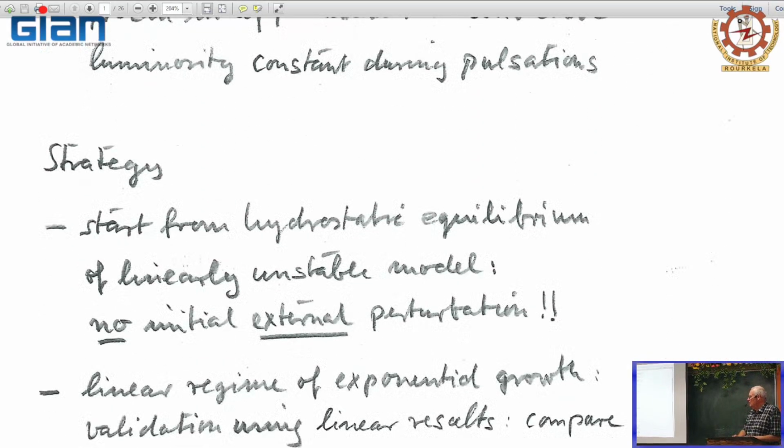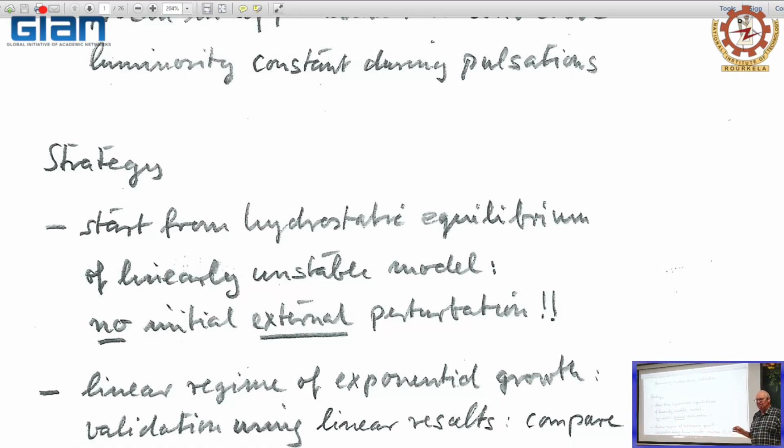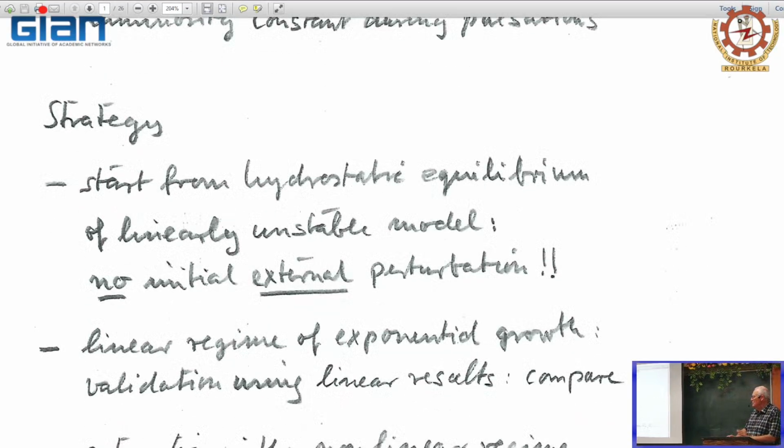Okay, we don't want to apply an external perturbation, and we do not want to have an intrinsic perturbation from the beginning of the simulation. Rather we would like to see the linear regime of exponential growth, and in that regime we want to compare the observed frequency and the observed growth rate with the linear result.